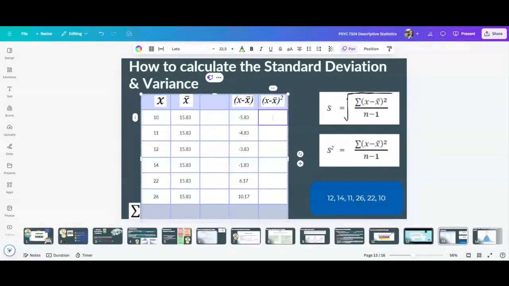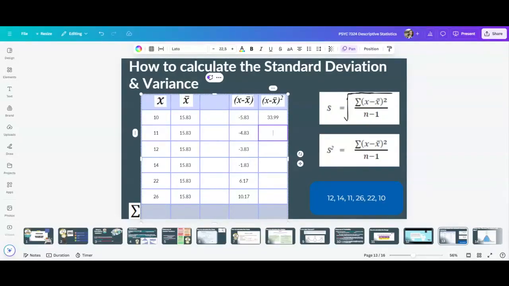What is 5.83 squared? 33.98, great. Oh, it's actually 0.99. So remember when you must round up, because it's 33.9889. Okay.